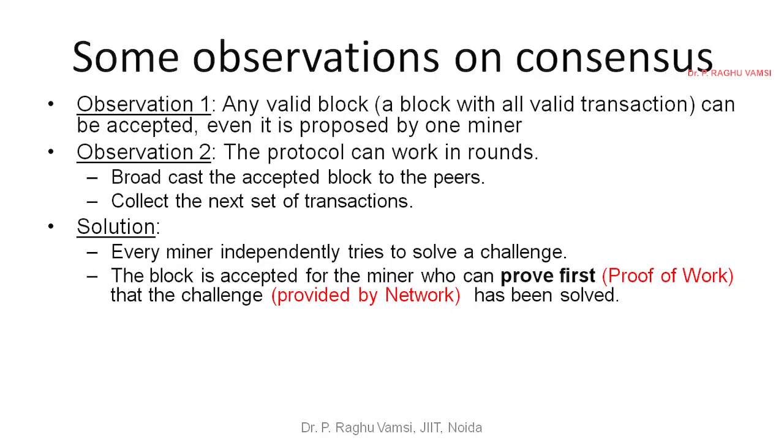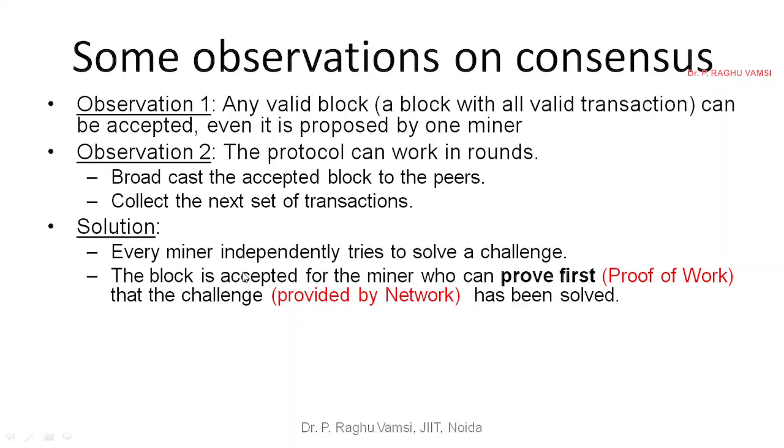The challenge must be such that the block is accepted for the miner who can prove first that the challenge has been solved. Whoever solves the challenge first, that particular block will be added to the blockchain. That is the condition with which we are moving forward.